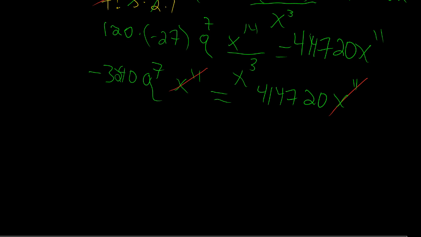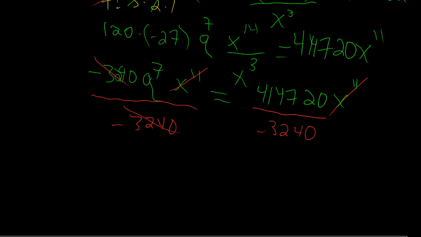So in order to isolate the variable q here, we are definitely going to want to divide both sides by negative 3240. That cancels there, and it will give me back, of course, q to the 7. And I've got to use my calculator again.